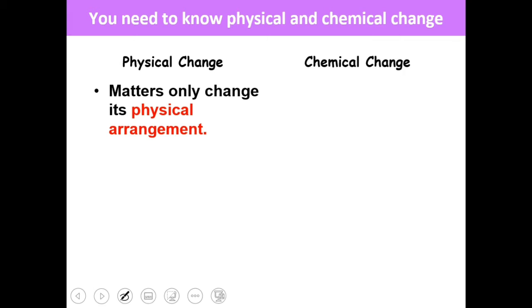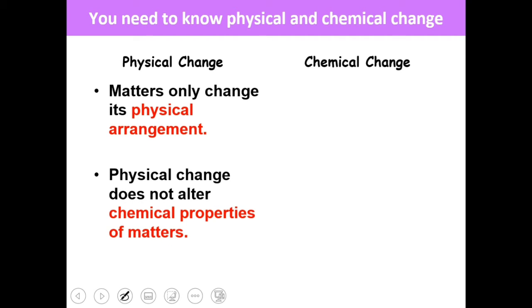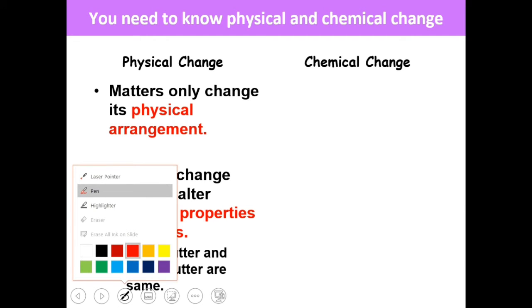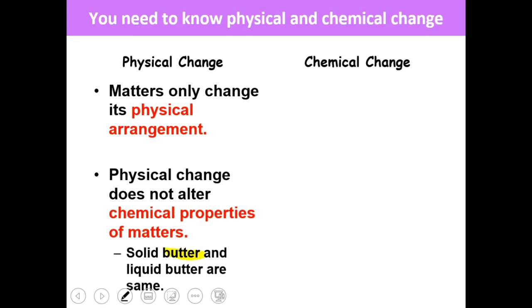So that means H2O structure rearranges to become solid, liquid, or gas. Physical change does not alter, which means does not change, chemical properties of matter. So that means if I simply put in solid butter and liquid butter, they are the exact same type of chemical.